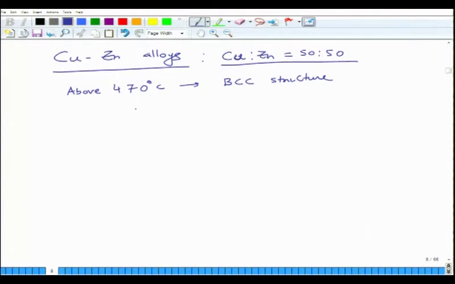You can see that the structure is not the same as copper or zinc, it makes a BCC structure which is a disordered BCC structure. Below 470 degrees centigrade, it makes an ordered structure. So, below 470 degrees centigrade, it looks something like this.